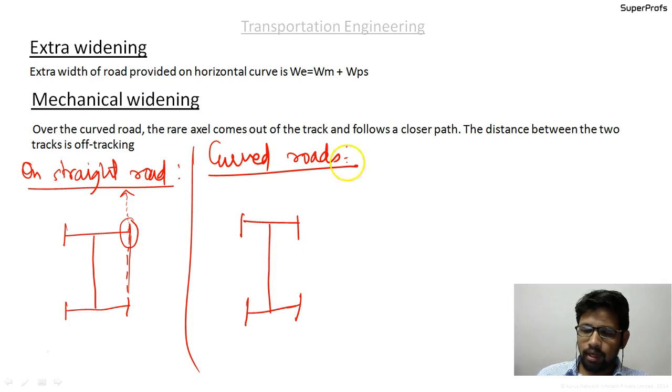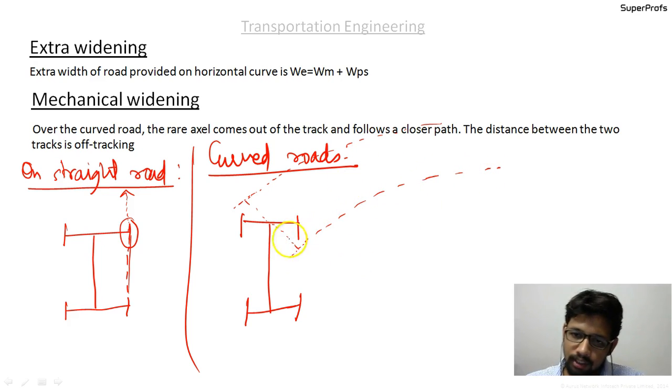What happens is that the front axle is turned like this. The front wheel follows this trajectory, and this follows this trajectory.